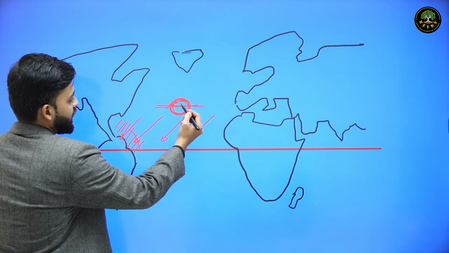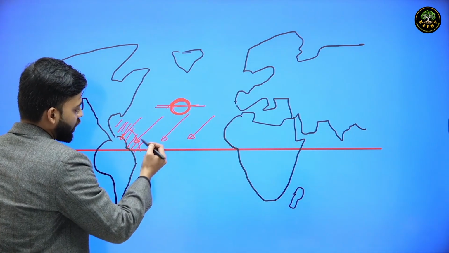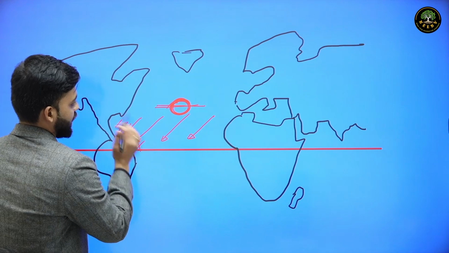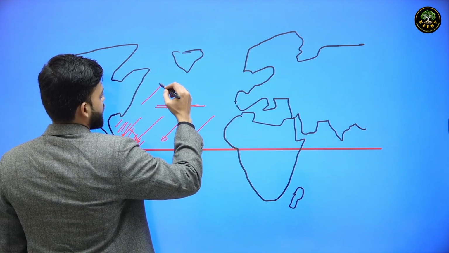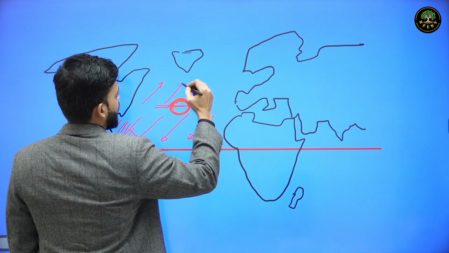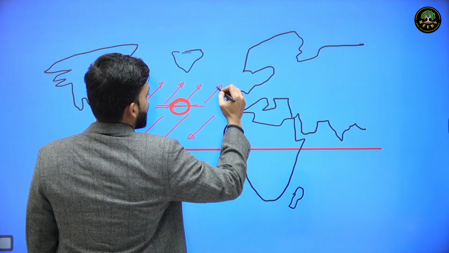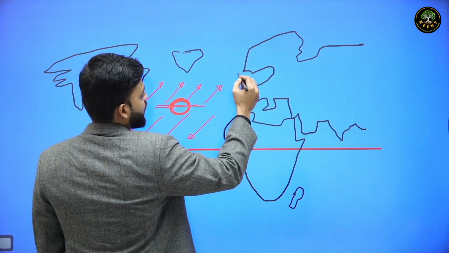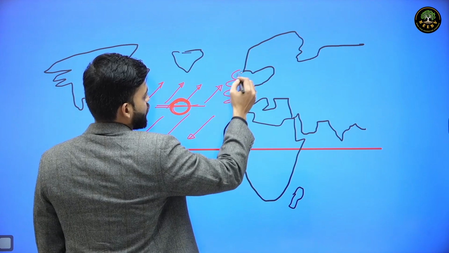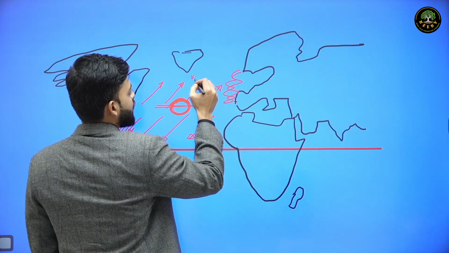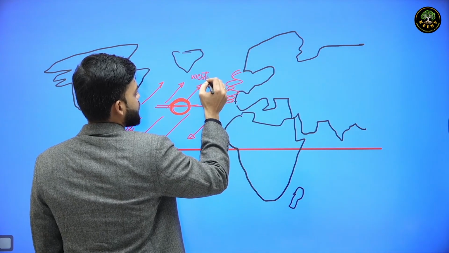So this warm water will be brought into the western section by trade winds, whereas this warm water will be drifted towards the eastern section of the Atlantic Ocean by westerlies.